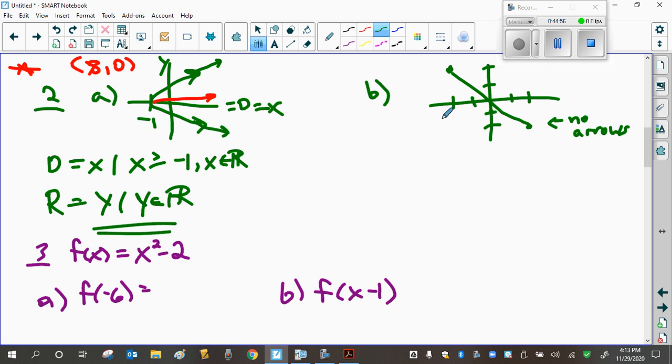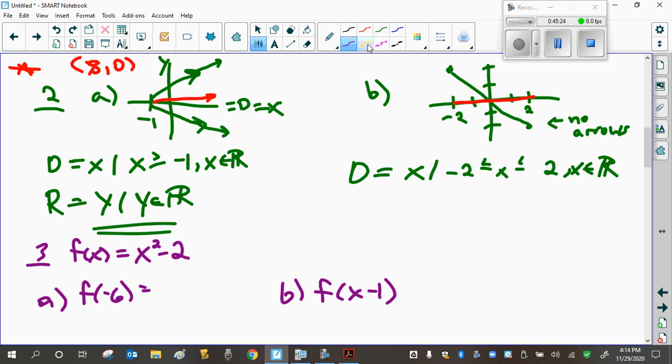However, this graph goes from negative 2 to 2, and that's it. There's no arrow. So you need to know how to write down the domain as all the numbers between -2 and +2. Write down the small number, the big number, put your x in the middle, less than or equal, less than or equal. X is an element of all real numbers.